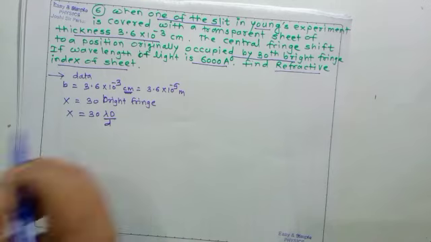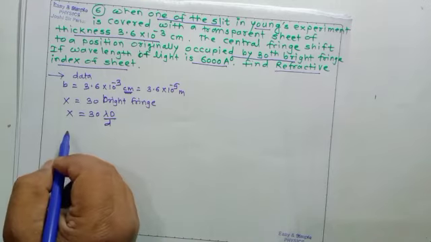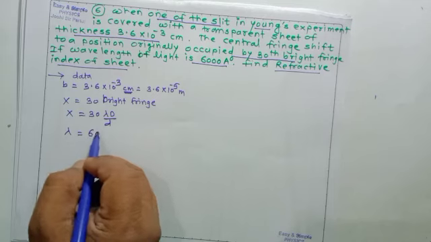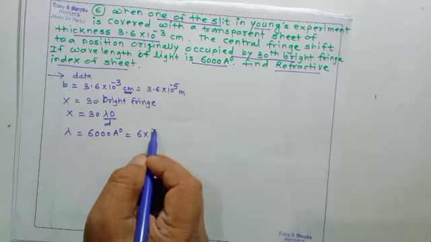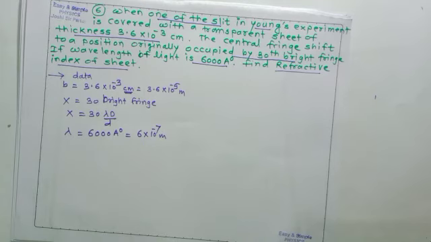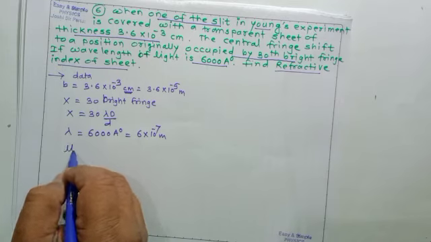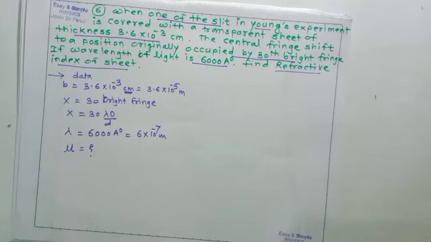That is the value of x, where lambda is equal to 6000 angstrom units, which means 6 × 10^-7 meter. And we want to find mu is equal to question mark.